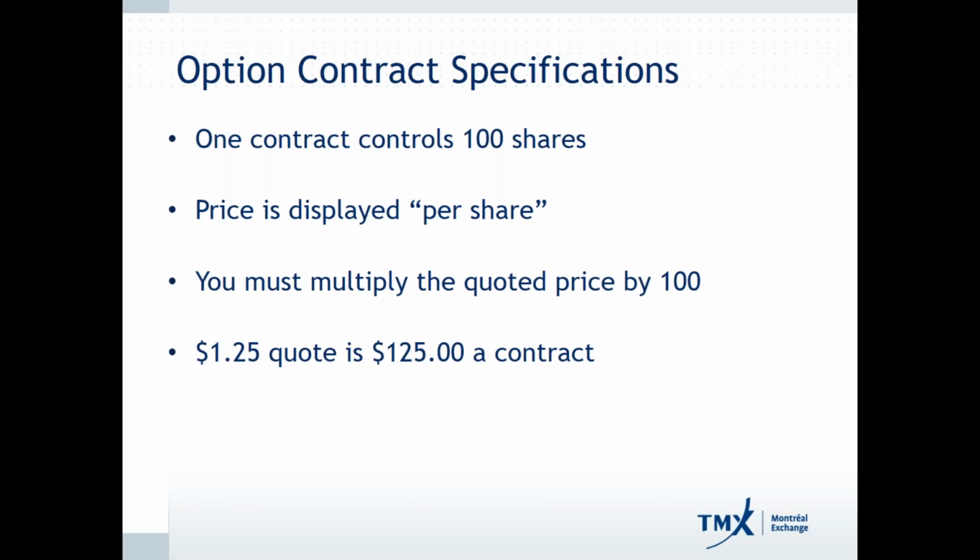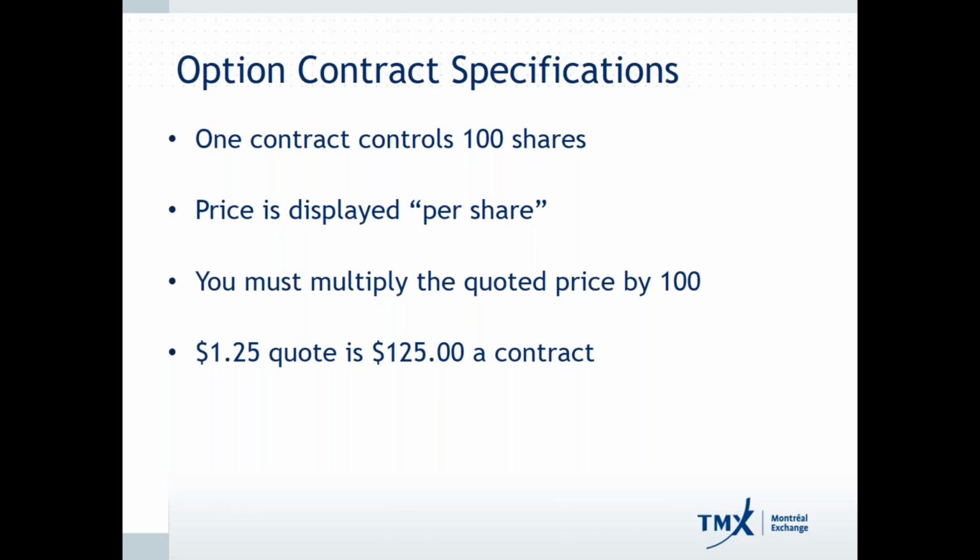So when we look at an options chain, and let's say we're looking at the options chain for shares of Bank of Nova Scotia, and let's say the stock was trading at $50, and you see that the call option on BNS is trading for $1.25, then it's $1.25 per share.